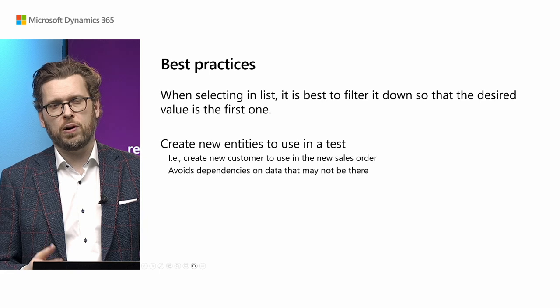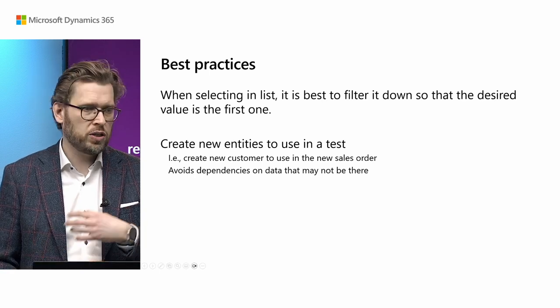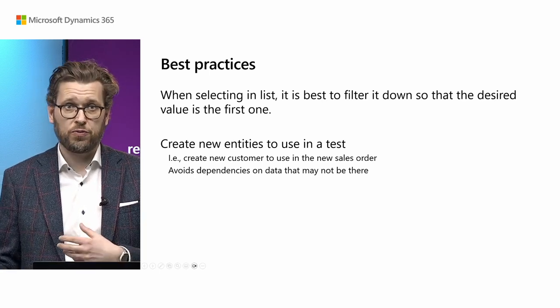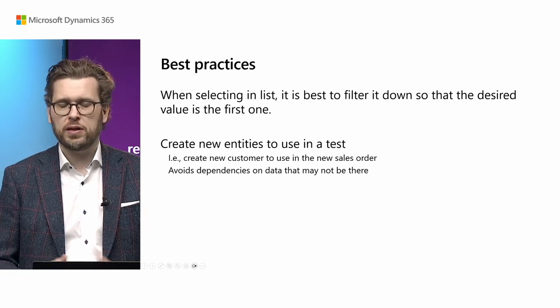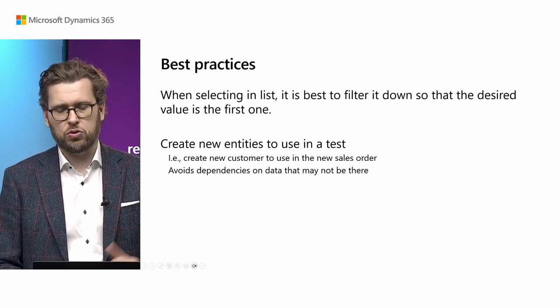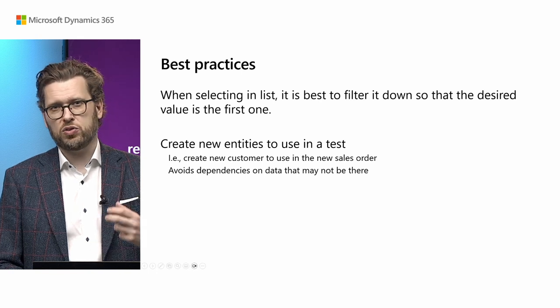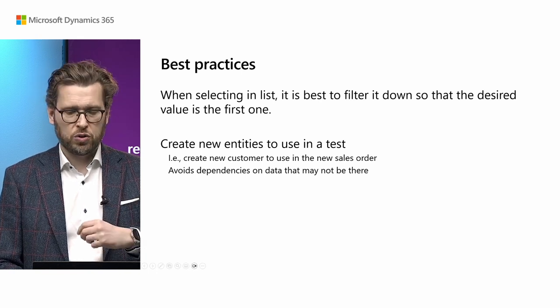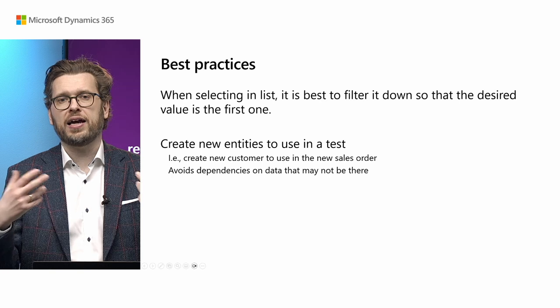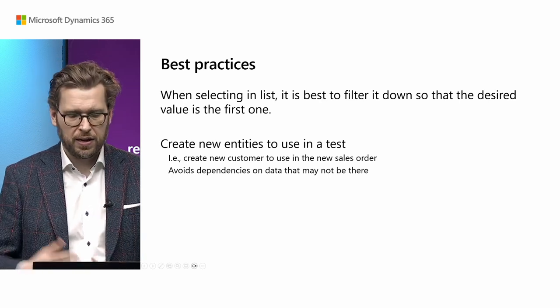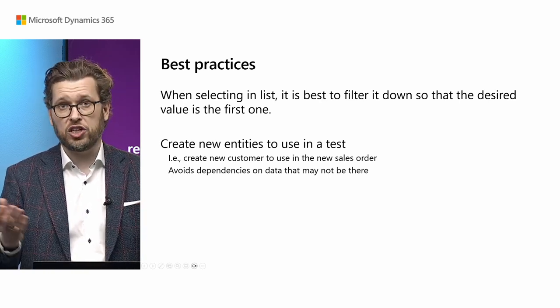Also, when you are relying on entities, maybe you need to use a customer or something like that in a script for a sales order. If you want to be in control, it can be a good idea to create a separate script for creating that customer, so that you're not relying on the fact of that being there in an environment where the data changes.